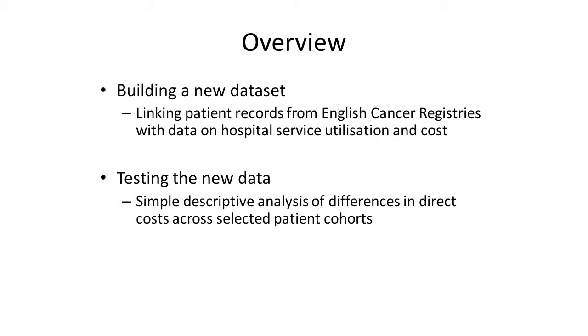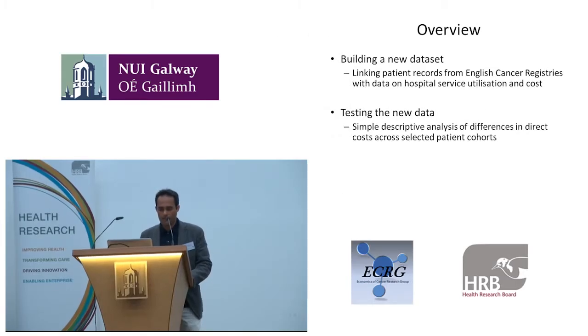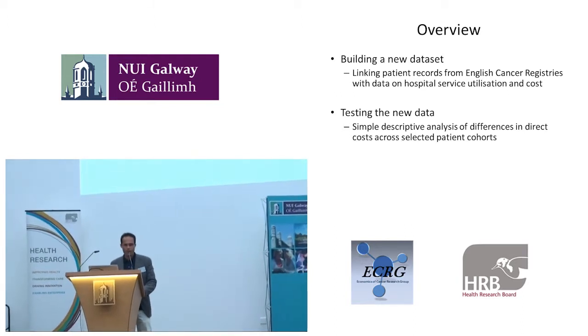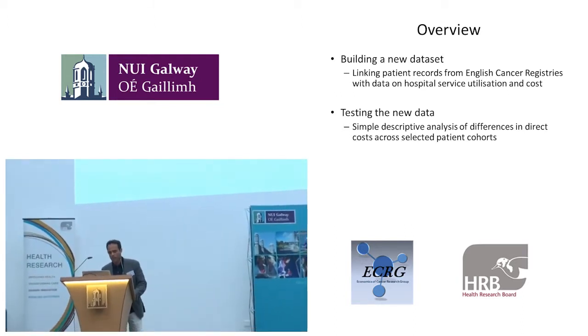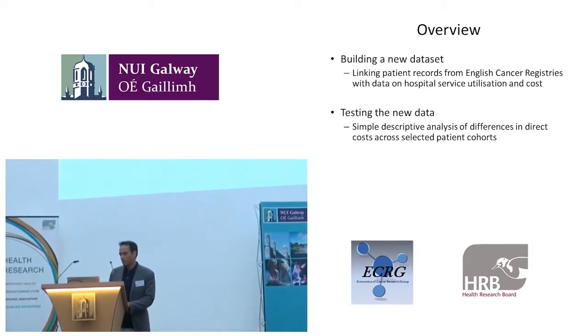So a quick overview of what I'm going to speak about today. First of all, I'm going to talk about building this new data set, where we linked information on patient records from the English Cancer Registry with data on hospital utilization and cost. And then I want to show you some descriptive statistics coming out from this data set.